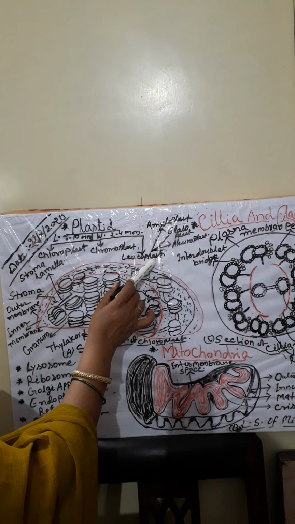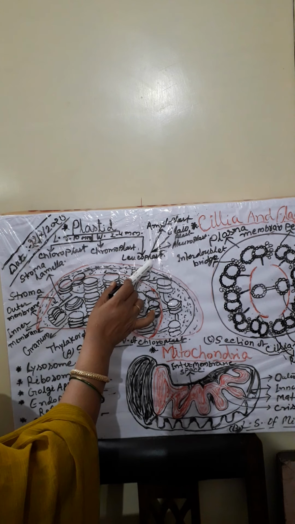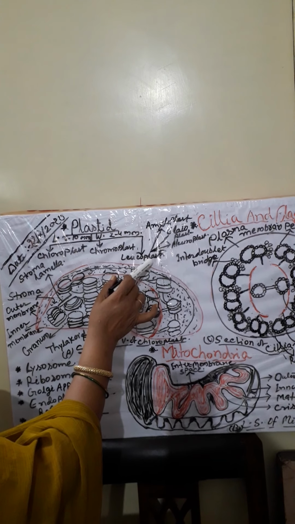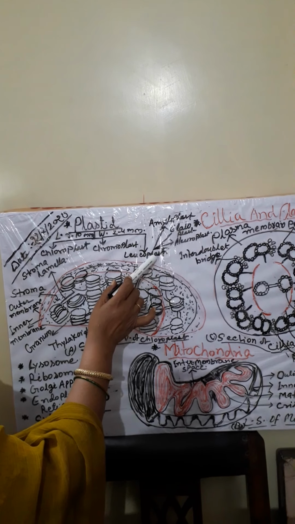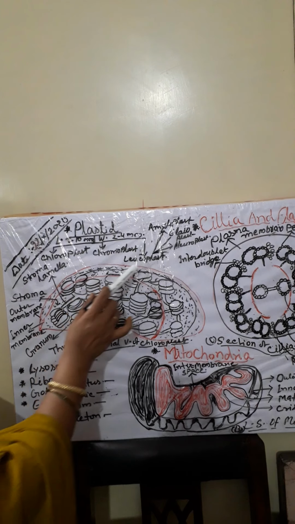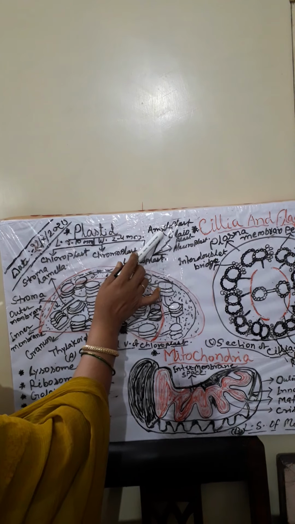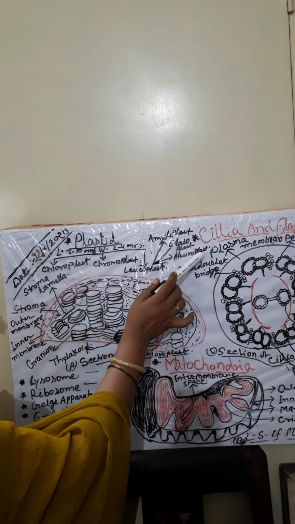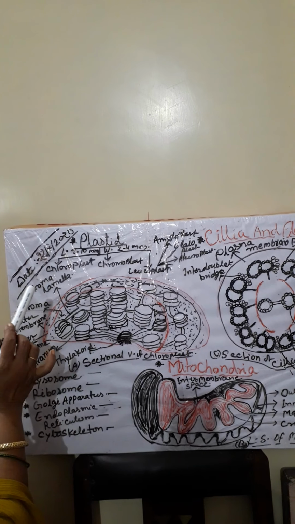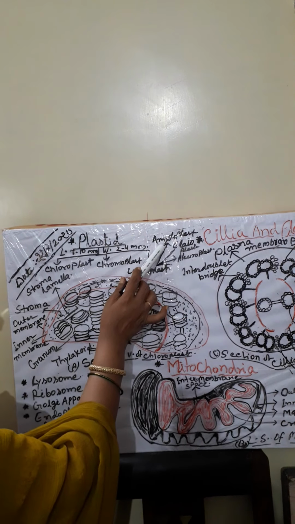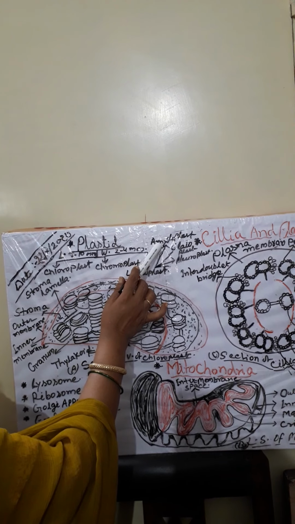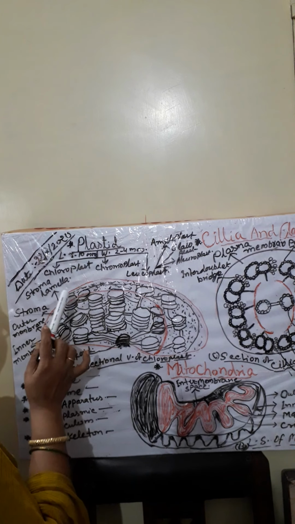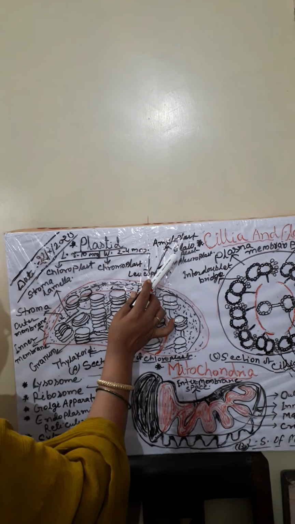Leucoplast is the other type of plastid, which is colorless, of varied shapes and sizes, and stores nutrients. Leucoplasts are generally of three types: amyloplast, elaioplast and aleuroplast. Amyloplast stores carbohydrates, like in potatoes.